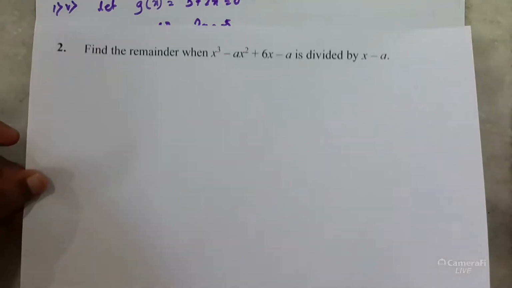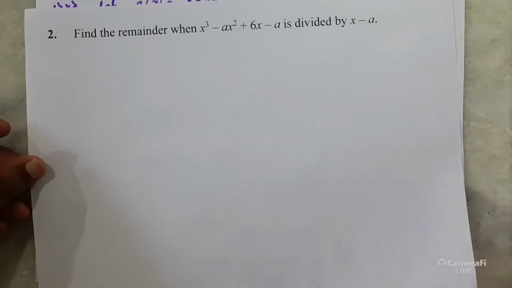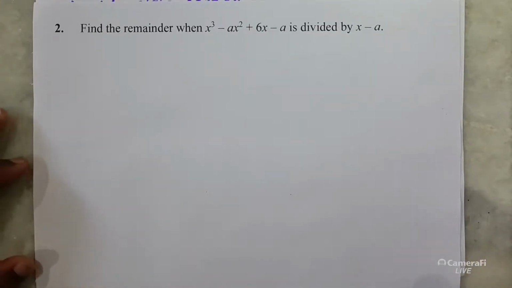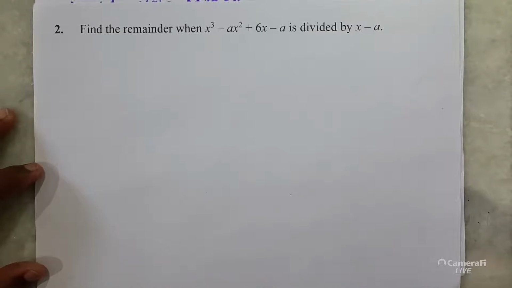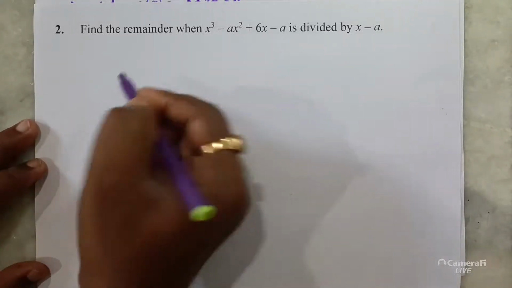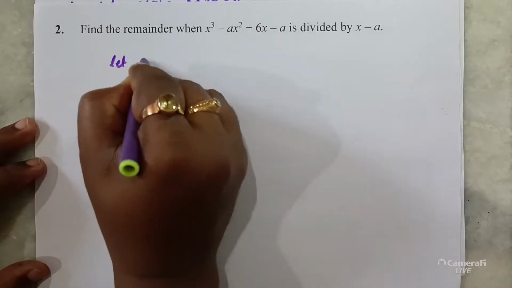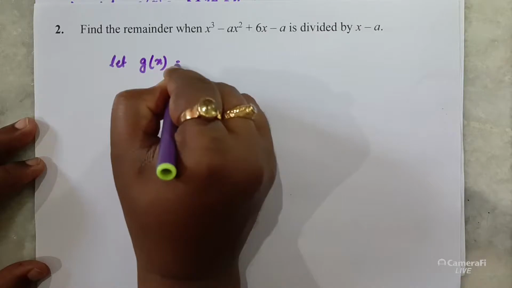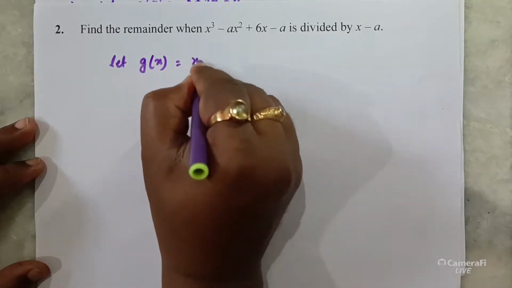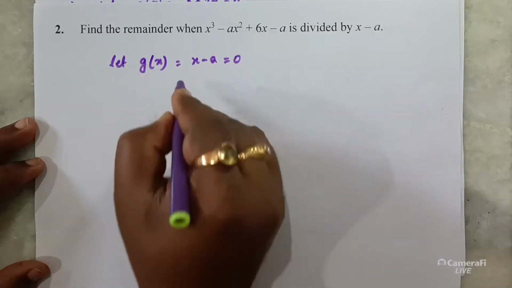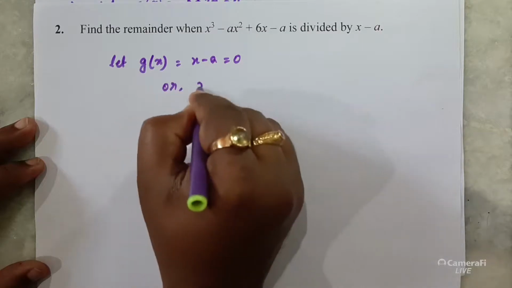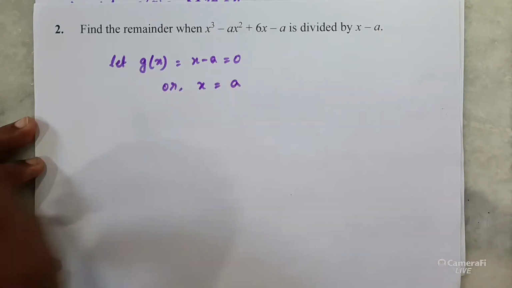Next is question number 2. Find the remainder when x cube minus ax square plus 6x minus a is divided by x minus a. Okay, so like the previous one, let g of x equals x minus a equals 0, or x equals a.